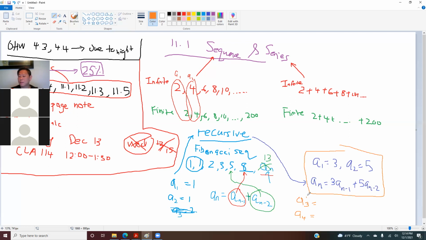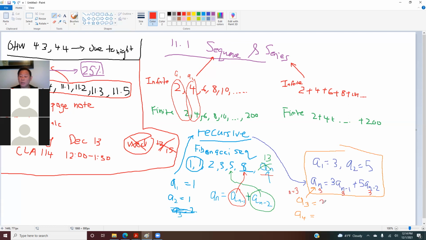So if you look at this formula, if I want you to find A3, means my n in this case is what? So if you look carefully here, your n in this case will be what? Will be 3. So now you just substitute all the n here to become 3. And that's how you figure out A3.